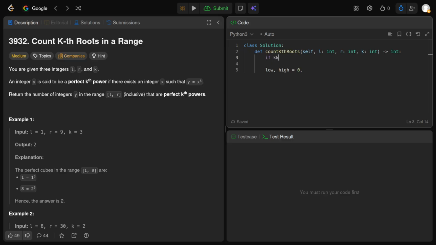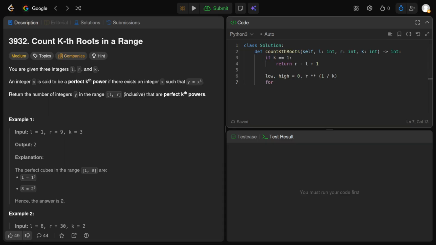If k is 1, then we return r minus l plus 1 since it's inclusive, and otherwise we take Python. This is easy. That's because the kth root is to the power of 1 over k, because whatever to the power of k is equal to r. Okay, you get the gist.